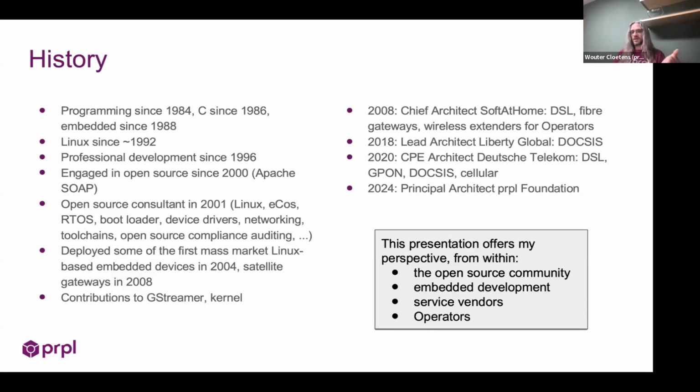After 10 years, I hopped across to the operator world. I first joined Liberty Global, where I did Tocsix development, and then Deutsche Telekom, where I deployed every technology imaginable. So since the beginning of this year, I've now joined the prpl Foundation. I'm very grateful and happy for that opportunity.